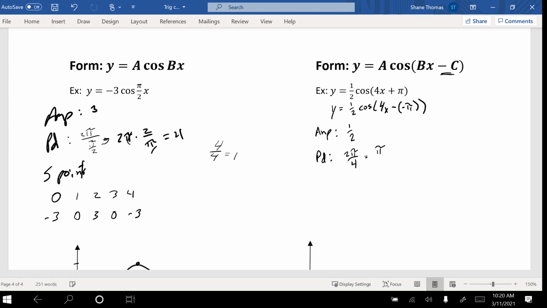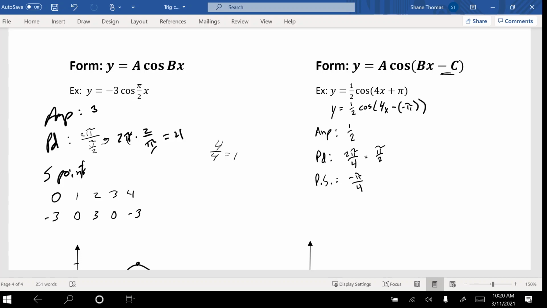So this is going to be pi over 2. My phase shift is whatever that number at the end is divided by my b term. My number at the end is negative pi, so I'm going to have negative pi over my b term, which is 4. My phase shift is negative pi over 4.